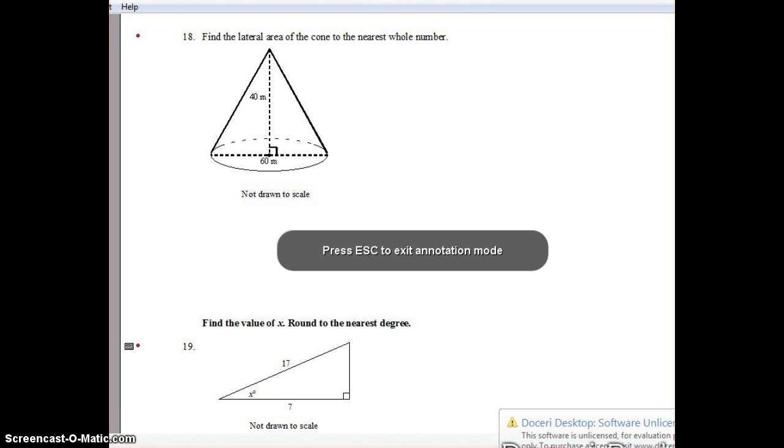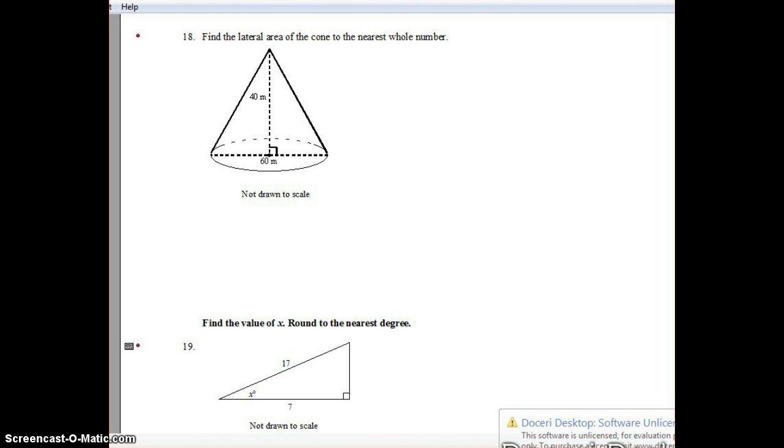Number 18, we want to find the lateral area of a cone. Again, we have a formula for that. Lateral area is equal to pi times the radius times the slant height. So we need to find the slant height of our cone. We have a right triangle here.